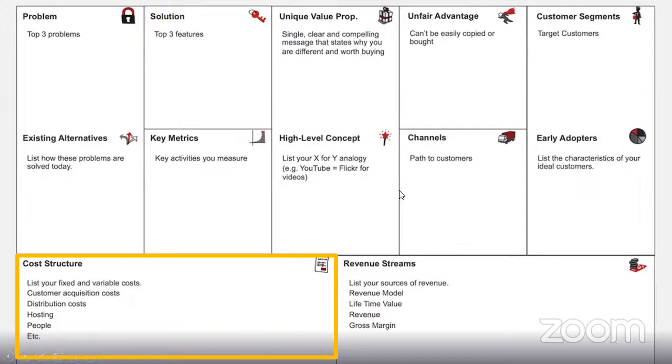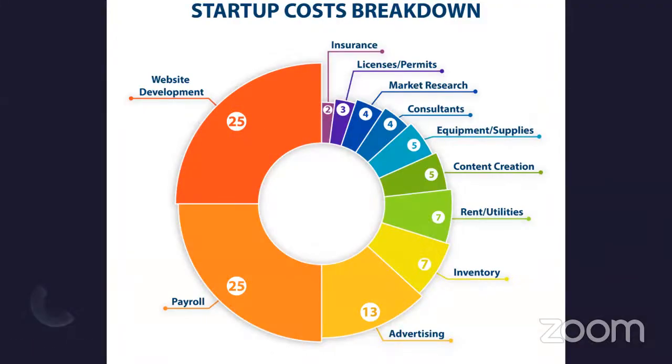So is it the channels or the product itself? Is it the marketing? What is really going to consume your money? As you can see, this is an example of how you can structure your costs.